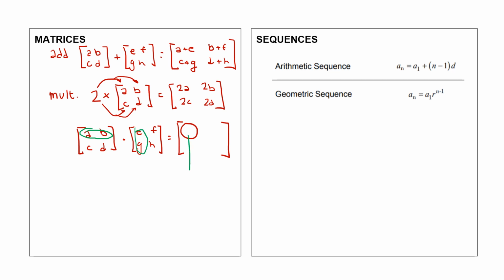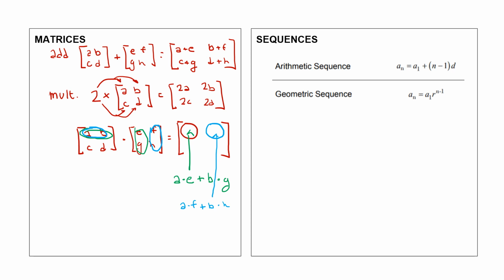And this term would have to be A times E plus B times G. And we can do the same thing for the second item, where we have to look at the first row and the second column. So that would be A times F plus B times H.